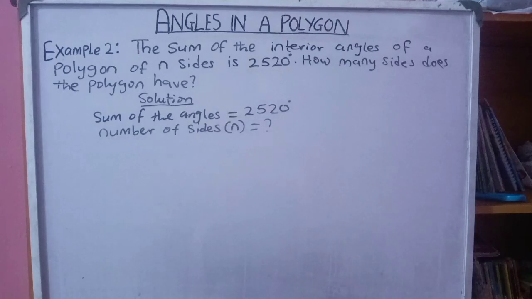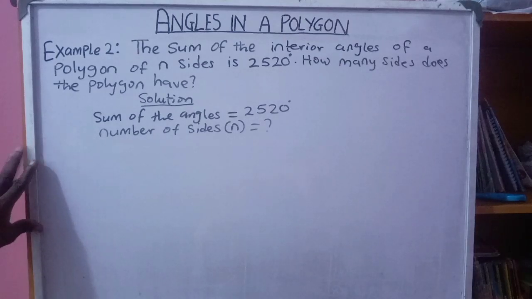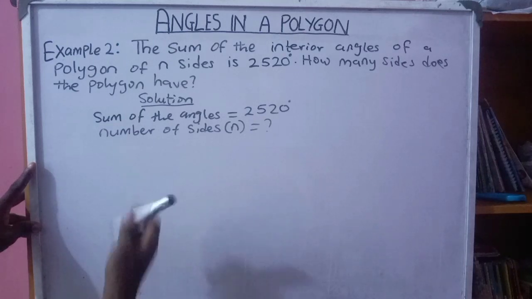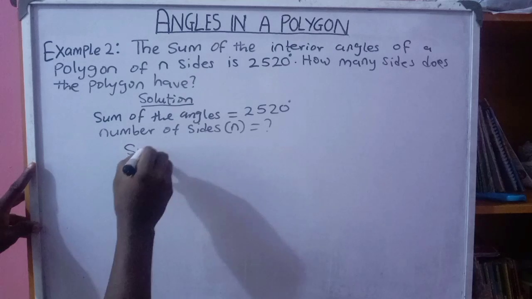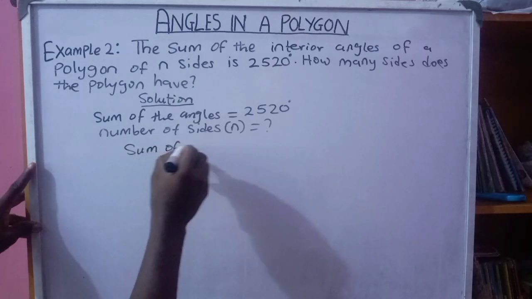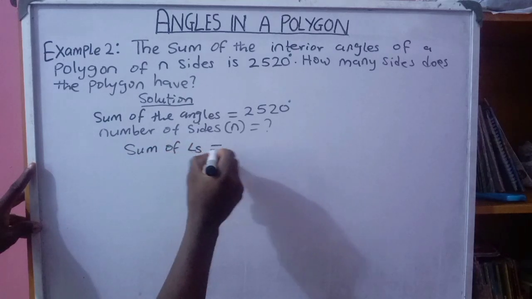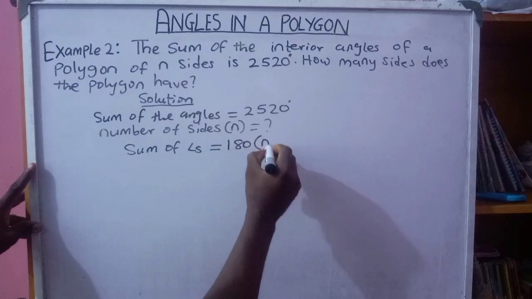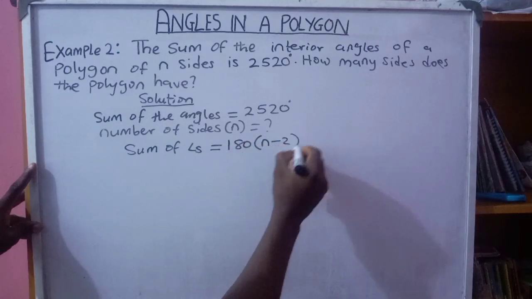So how do we solve this problem? We have to get the formula for solving the sum of the interior angles of a regular polygon, which is sum of the angles equal to 180 bracket n minus 2. That is the formula.